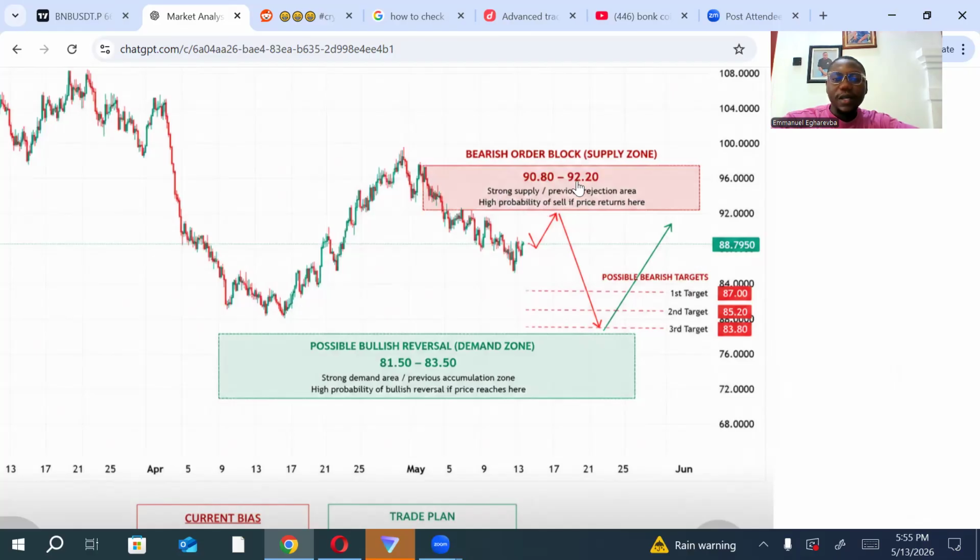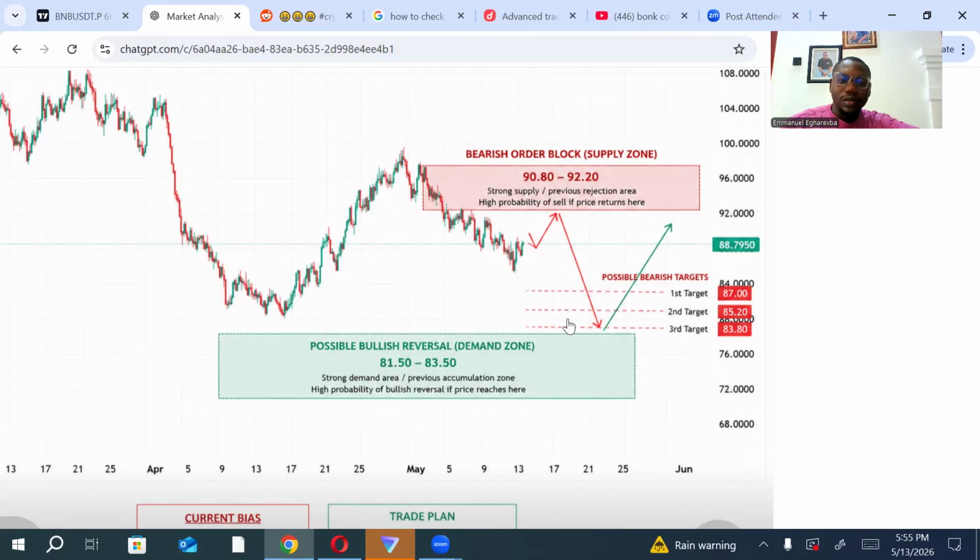It's strong supply, previous rejection area, high probability of sell if price returns there. So if price returns here, we're already looking for a sell, like I just predicted. If price returns here, we're looking for a strong sell.